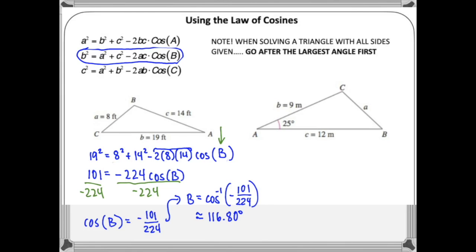Notice that we couldn't use the law of sines with this because we wouldn't have any known angles that would be opposite any sides. So the law of cosines we would have to use.